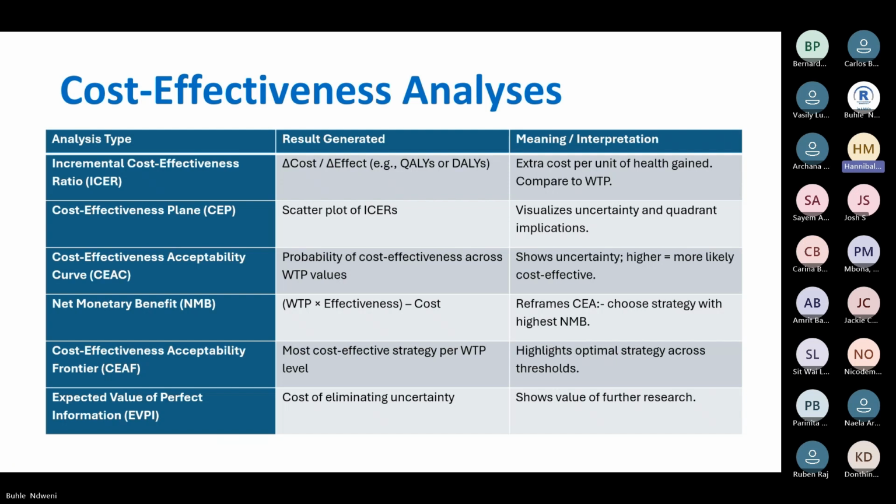If it's using QALYs, then the opposite is true. As the QALYs increase, and per unit cost, then the ICER should actually be coming down. Then all this can be represented using a cost effectiveness plane analysis.